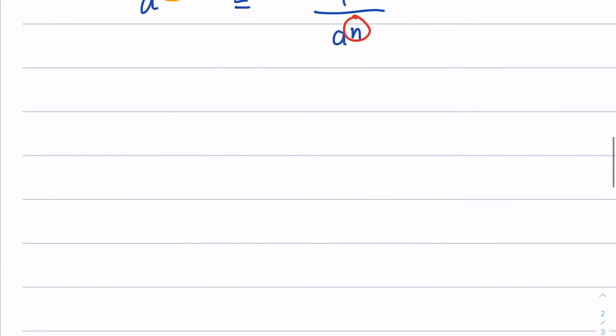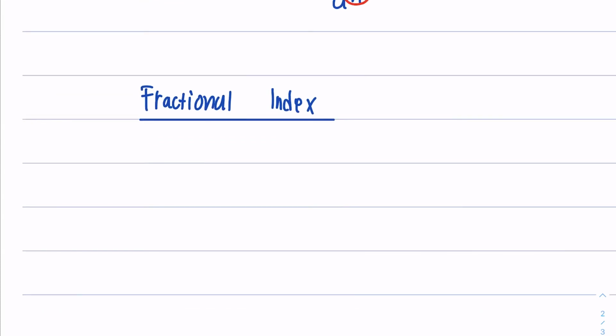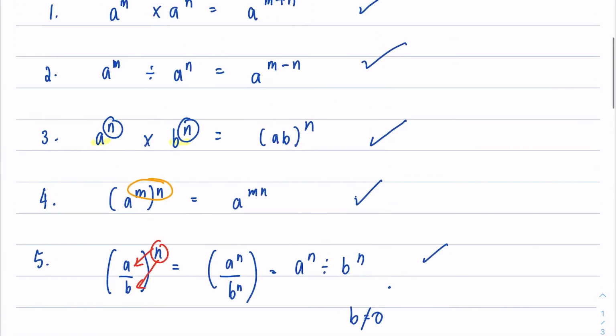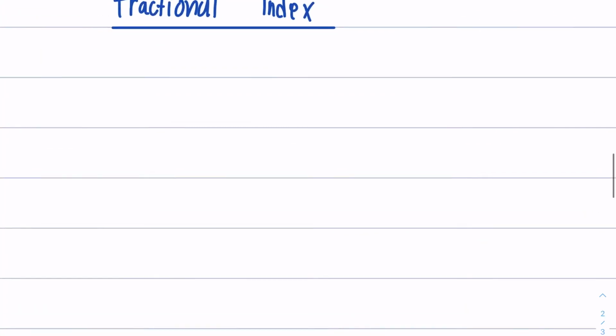Next is your fractional index. Now, for fractional index, you have your power to be a fraction. In all of the cases that we have seen, all the powers are integers or whole numbers.